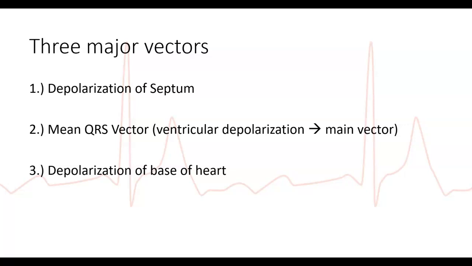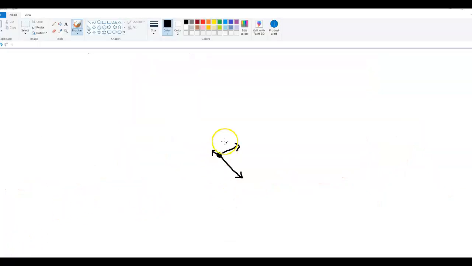This represents the middle portion of the QRS complex, and it also represents the depolarization of the apex of the heart. The third vector is the depolarization of the base of the heart, and this points to the left and superiorly, so up and to the left. If we wanted to look at the three main vectors in this plane, this would be 1, this would be 2, and this would be 3.